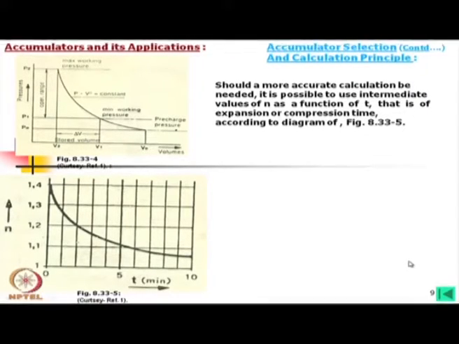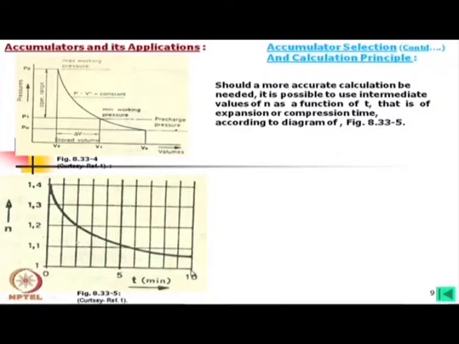Now, should a more accurate calculation be needed, it is possible to use intermediate values of n, the exponent, as a function of t, that is, of the expansion or compression time, according to the diagram in figure 5. Say, for example, if the time taken is more than 10 minutes, this is again with respect to nitrogen and hydraulic oil, then we can call it isothermal and take the value as 1.